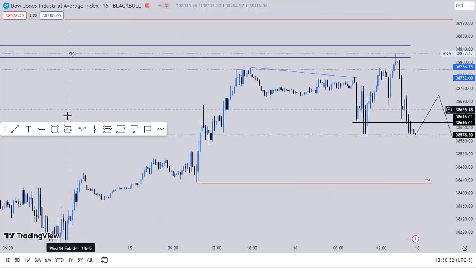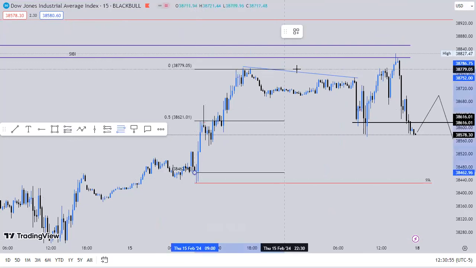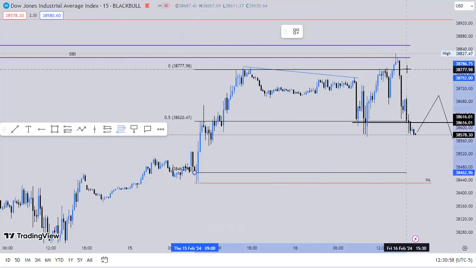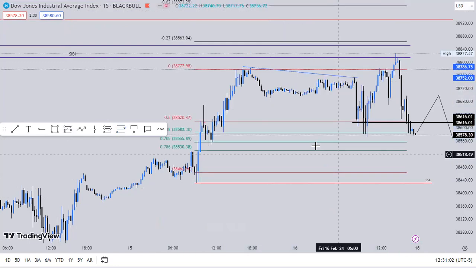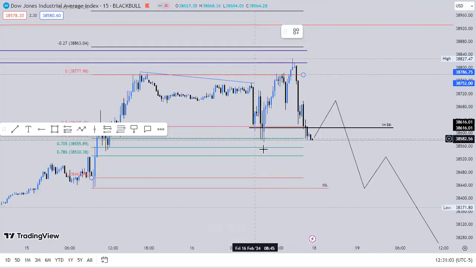So I was drawing my OTE here and the discount levels. I was drawing it here, then price went up. I take a trade from the OTE, then I exit the trade when these relative equal highs are taken out.